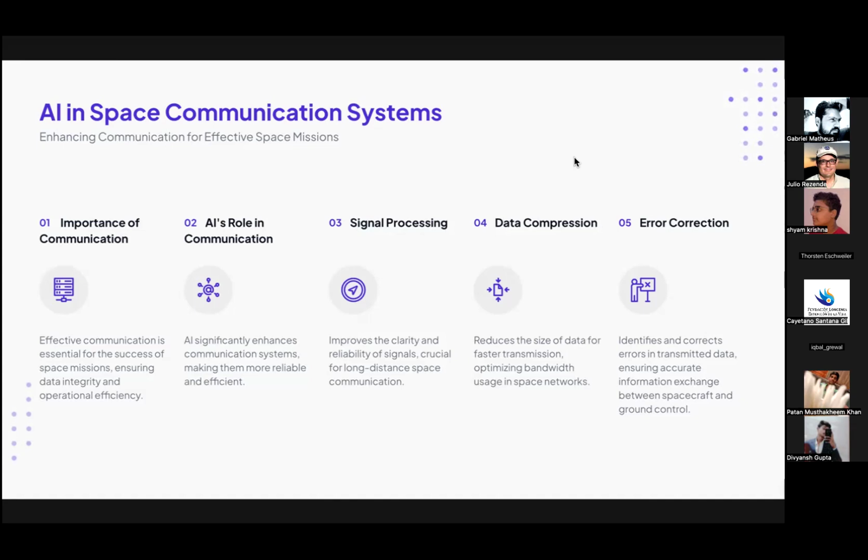But when it comes back to the ground station, we can use the capability of AI to rebuild those pixels and create that image again on Earth. Or we can analyze data, for example soil data or moisture data, and use AI models to predict what's happening over there in the satellite, and what's happening in that particular astronaut's body. We can easily detect that and correct the errors also.